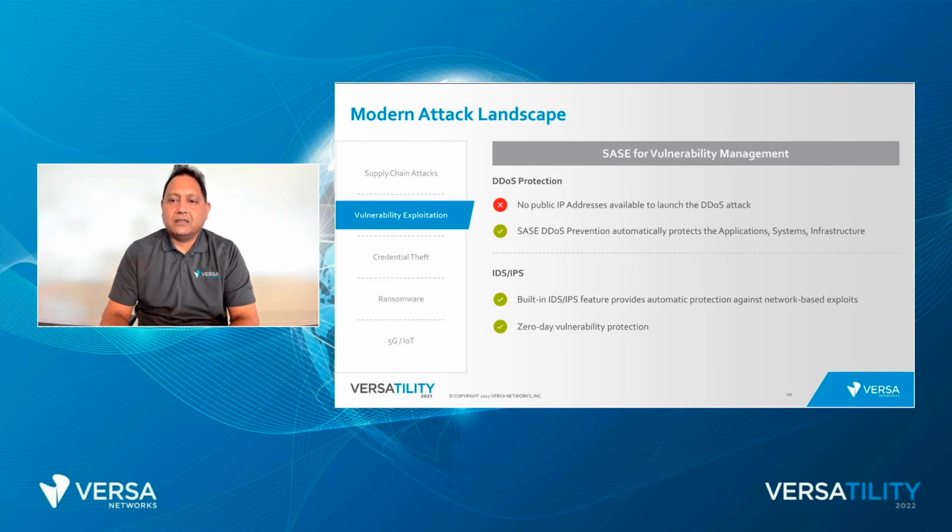We can turn on the IDS/IPS feature and keep updating the IPS with signatures for 0-day vulnerabilities or any vulnerabilities that potentially apply to that application. Even if the application is not patched with all the security updates, as long as the IDS/IPS gets the latest signature updates for all the 0-day vulnerabilities, we automatically protect these applications from any kind of remote exploitation.